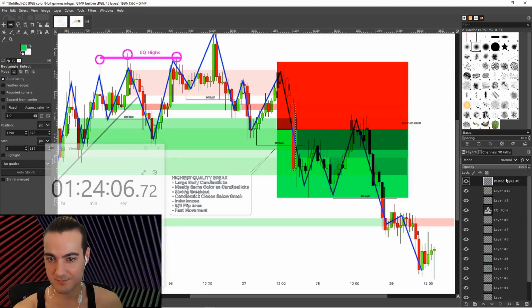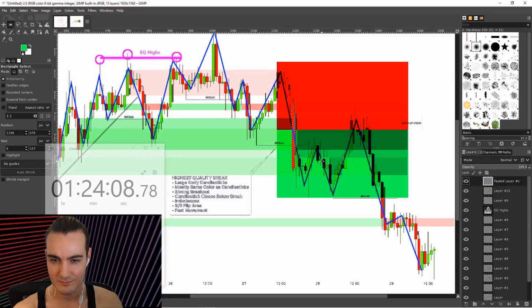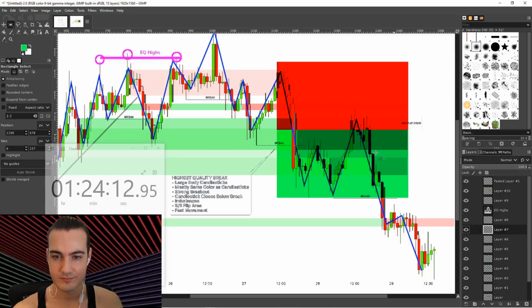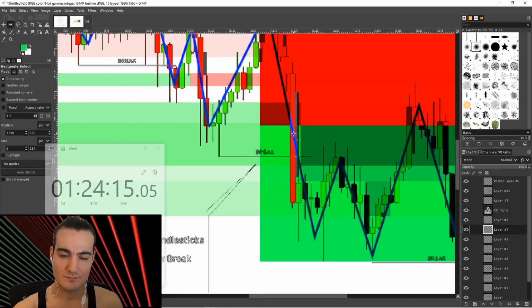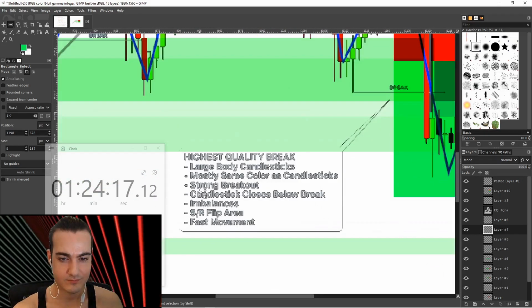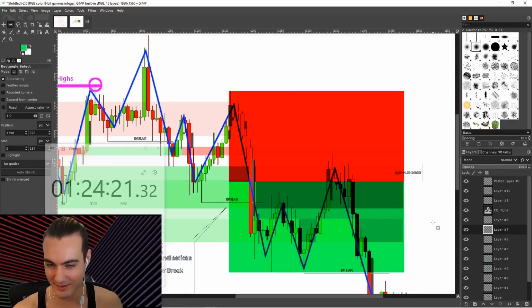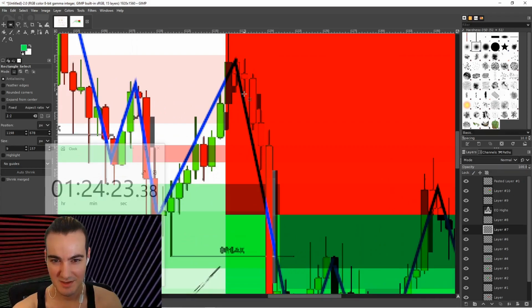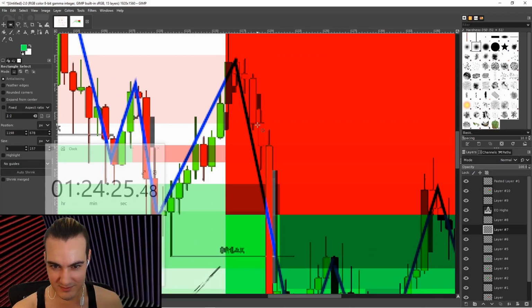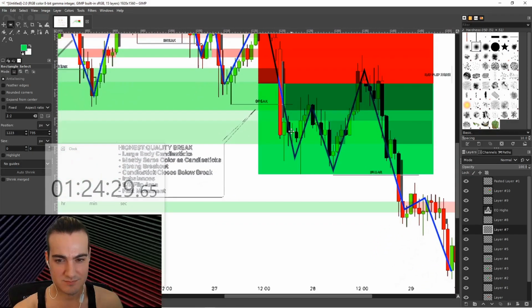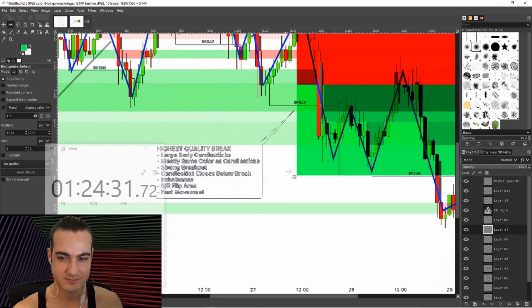Bring it up to the top. Mostly the same color. Coming down, I think they're all red. I can't really tell with all my overlays, but yep, looks like they're all red, except for that last one.